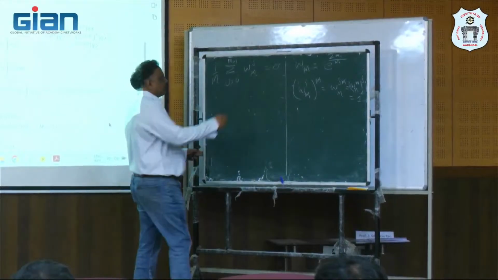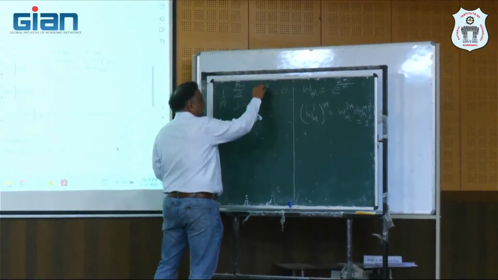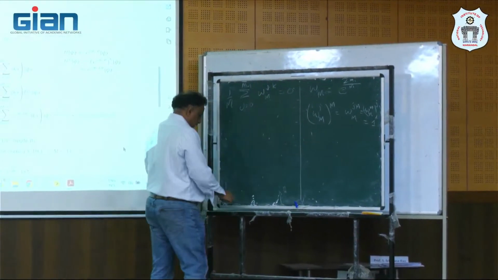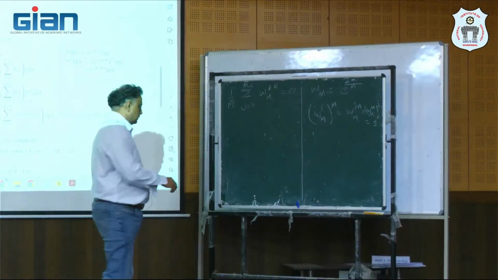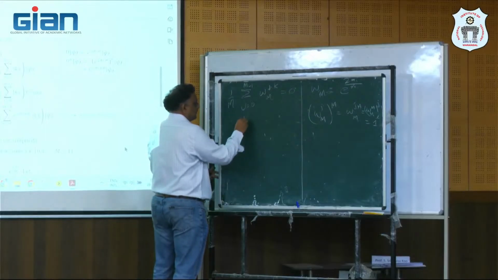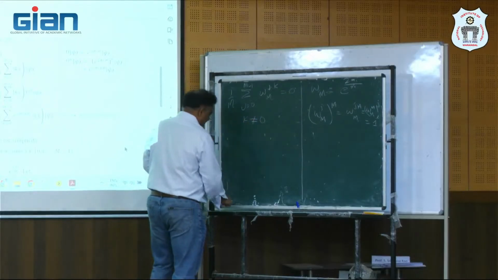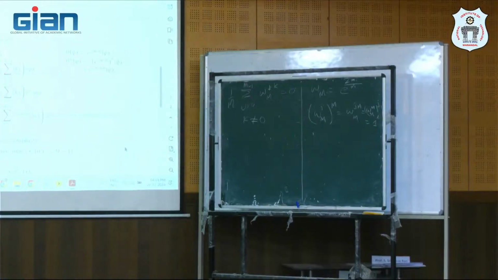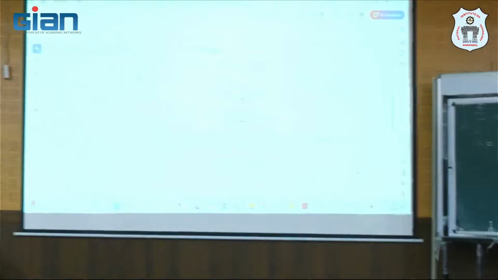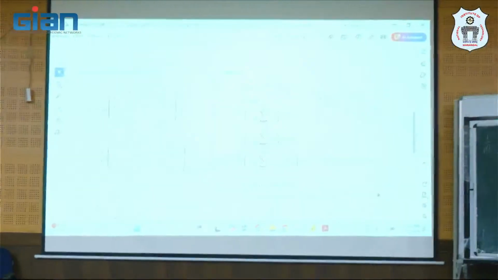In fact, we have a more general formula. Even if you multiply by k, but k is non-zero, then also that is 0. If k is 0, then of course everything is 1.